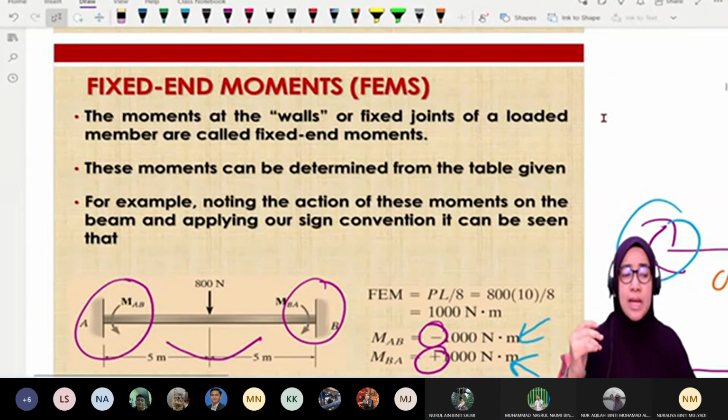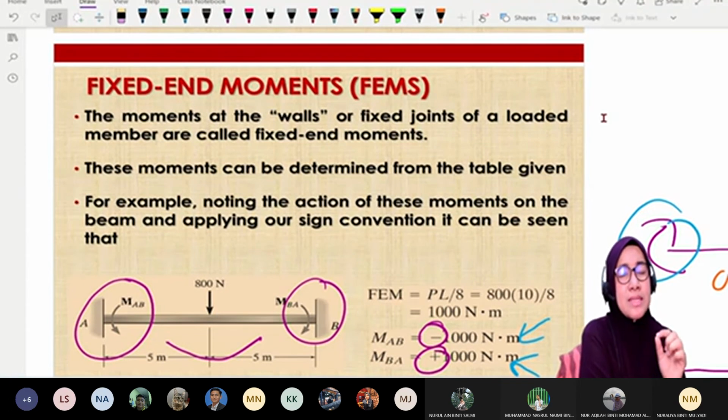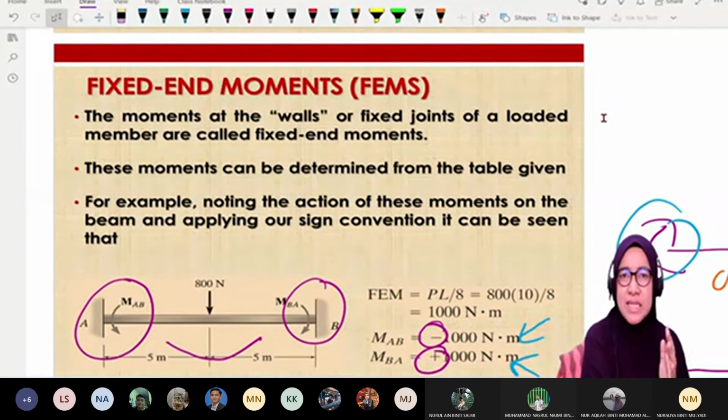Yang ni satu lagi yang nak kena clearkan. Fixed end moment. Kalau tadi sign convention for MDM, as suggested by the author of the textbook Hibbeler, dia pakai clockwise positive.